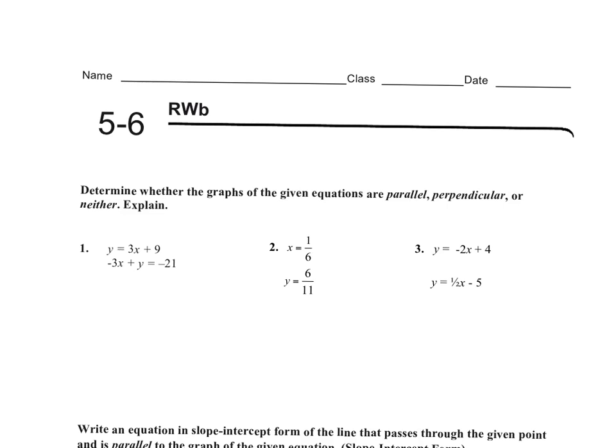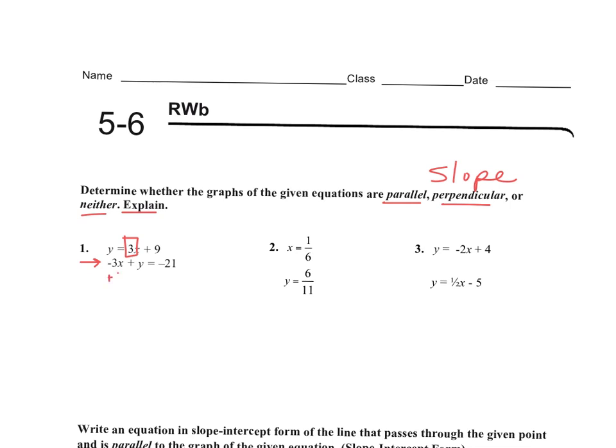These first ones, it says determine whether the graphs are parallel, perpendicular, or neither, and then explain why. The way we tell is based on slope. If you look at that first equation, your slope is 3. Remember, it's not 3x, it's just 3. But in the second equation, you need to solve for y to get it in the right form.